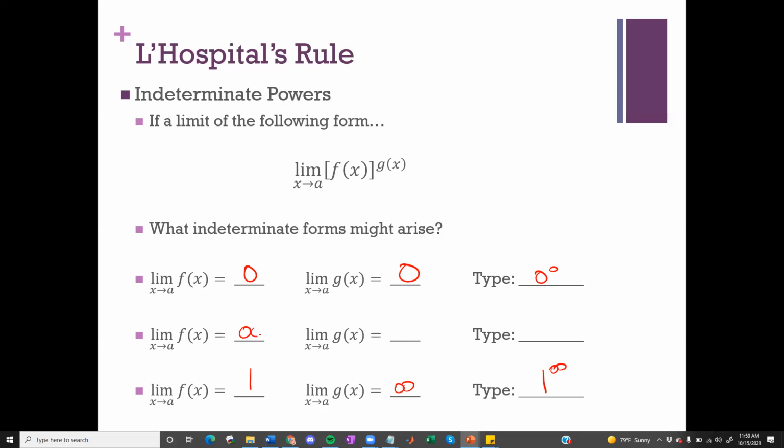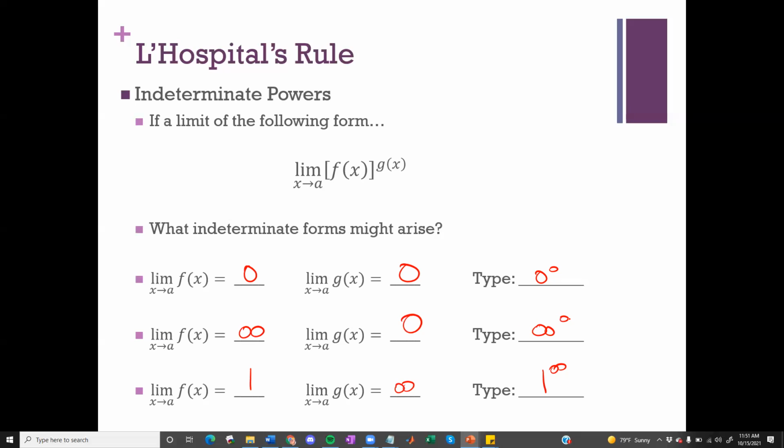And the last one we're going to look at is this: infinity to the power of 0. The thing to focus on here is limits.